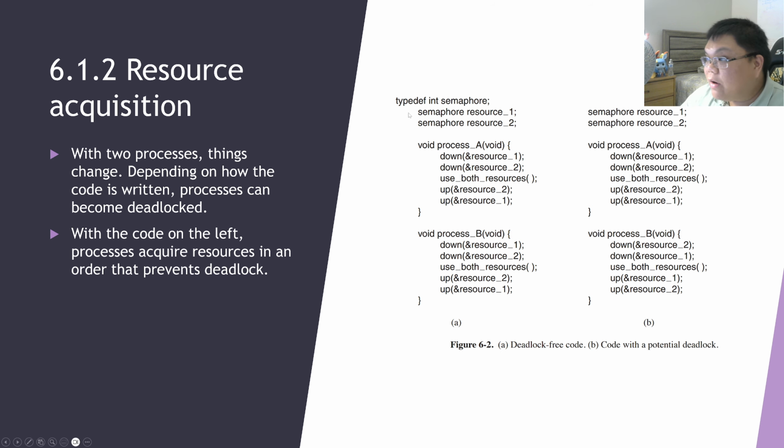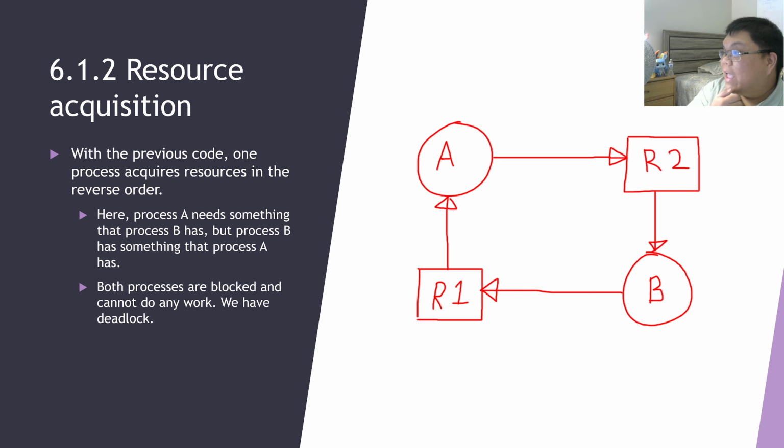But the code on the right, figure A, is written to prevent deadlock. The code on the right actually has an issue that results in deadlock becoming a possibility. And what can happen is this.